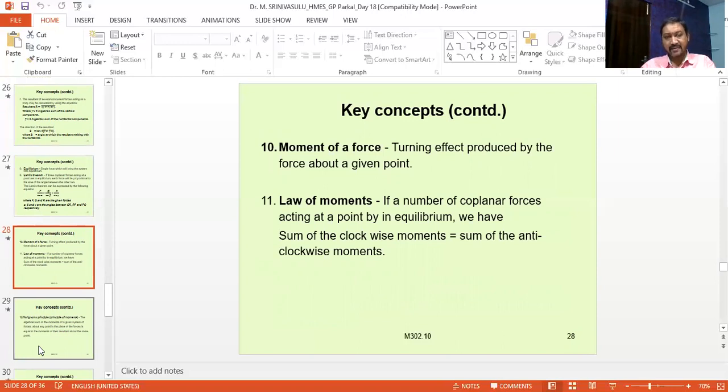This law of moments says that when a body is in equilibrium under the action of some forces, then the sum of the clockwise moments must be equal to the sum of the anti-clockwise moments.